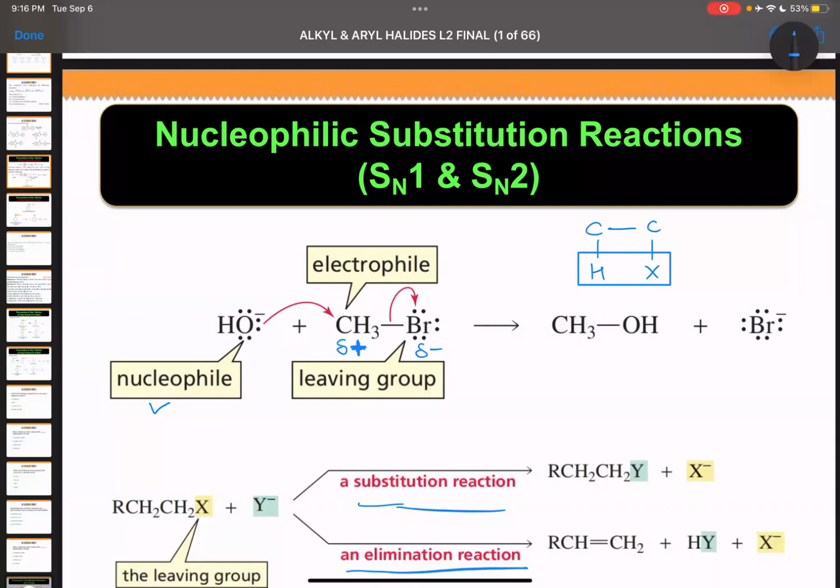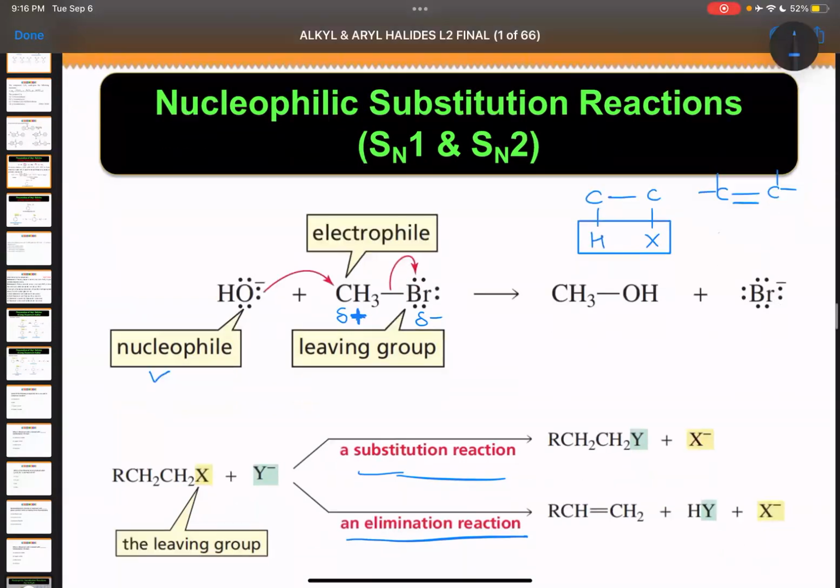So how do the bonds of these two carbon atoms get satisfied if no other group is coming and taking the place? They will join among themselves to form a double bond. So this reaction is elimination, and this leads to the formation of an alkene.